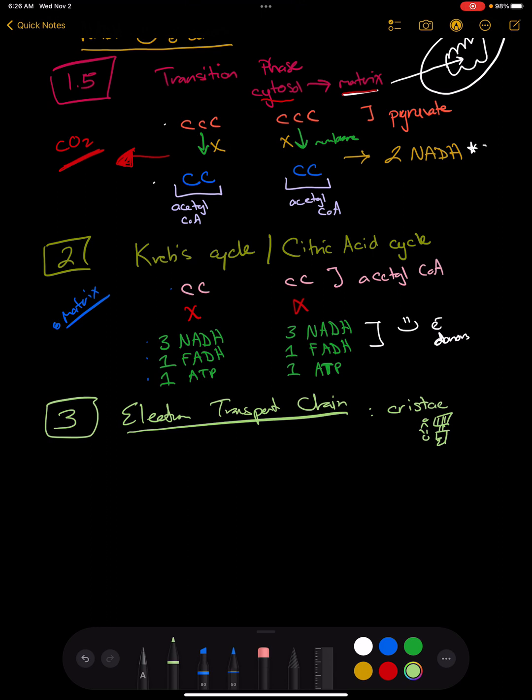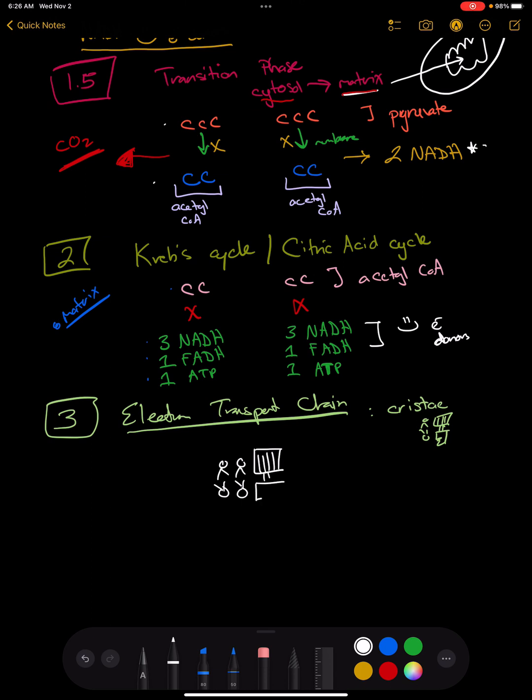All right, so coming into the electron transport chain, we can kind of do a tally, right? Well, okay, let's do it this way. So let's draw my cristae. So here's my phospholipid bilayer, and then here's my ATP synthase.